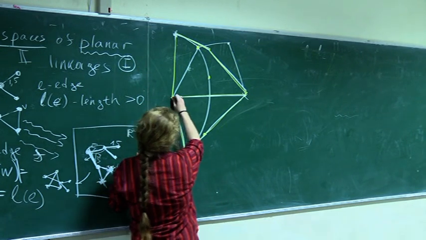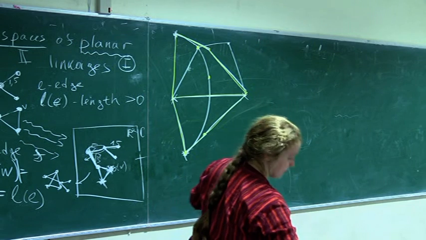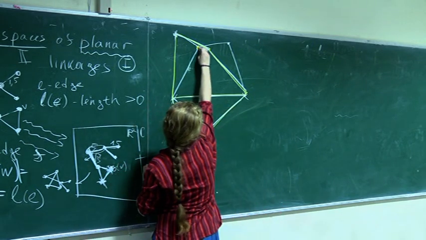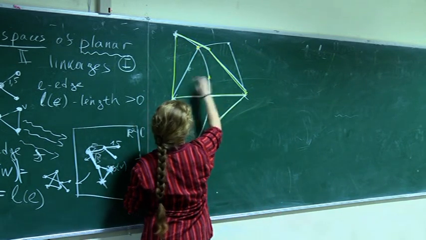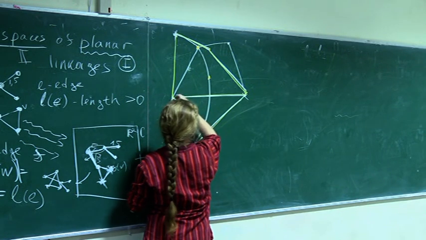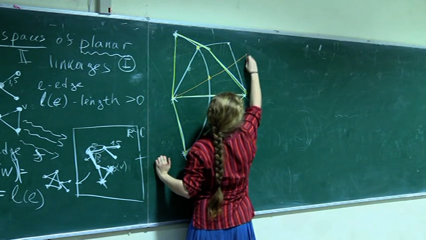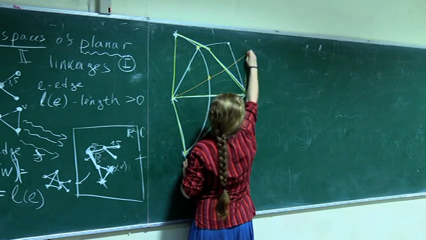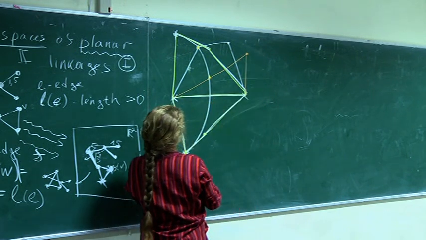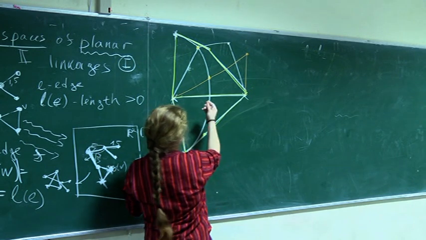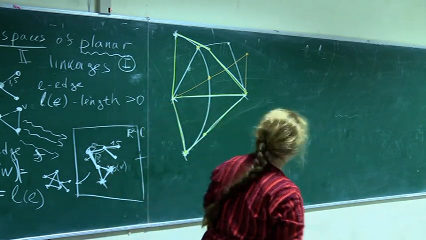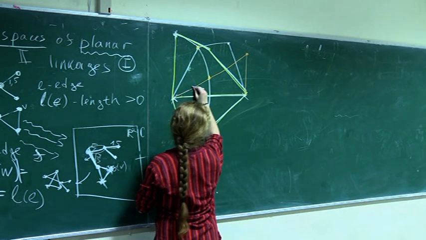If we have a point and we are interested in configurations of a quadrangle with this point, then we can have it like this, for example, and another configuration can be something like this.